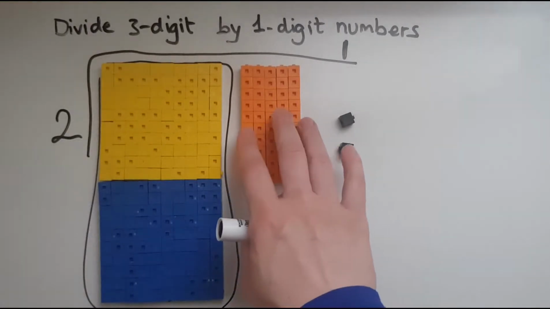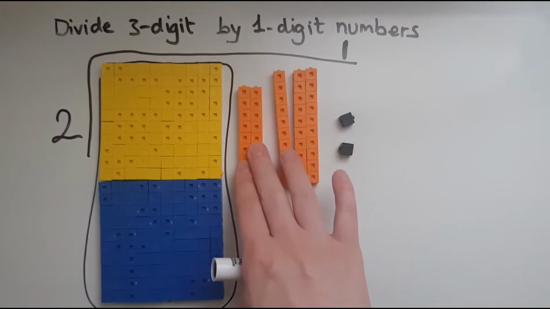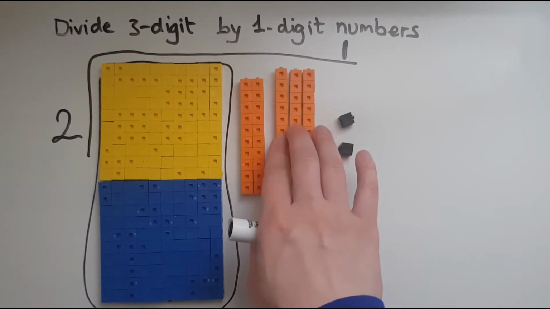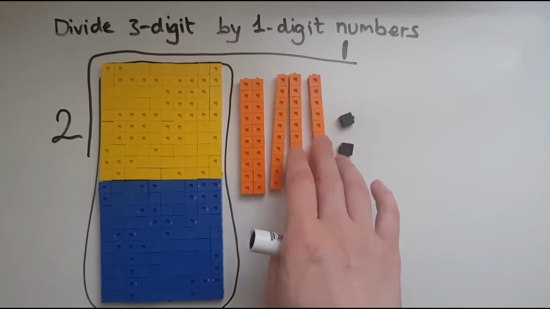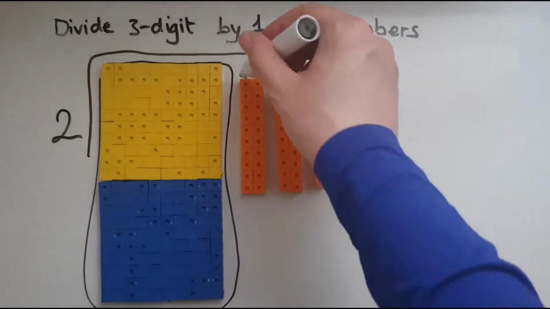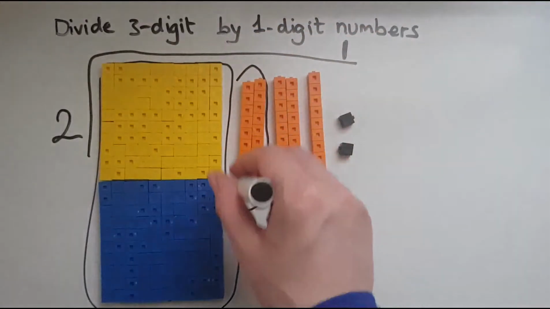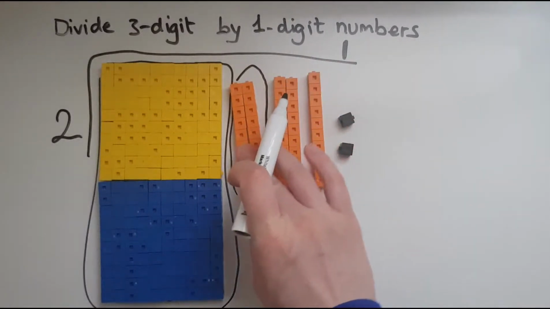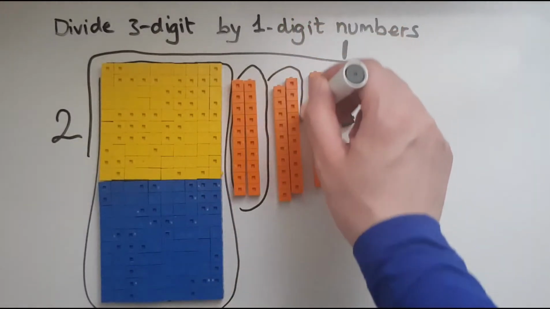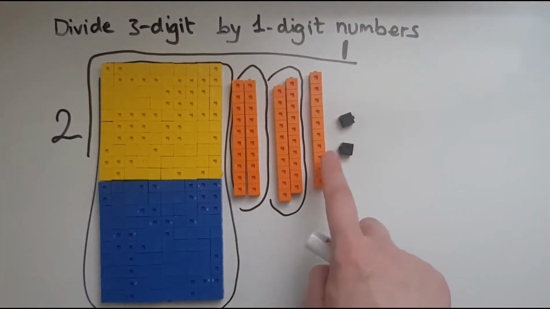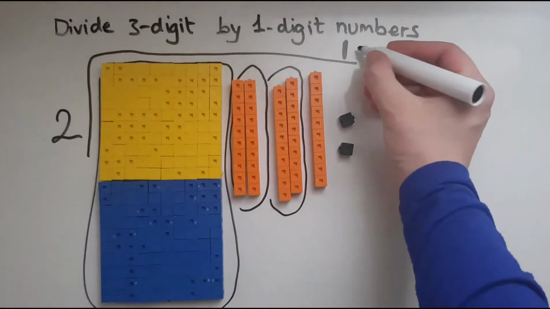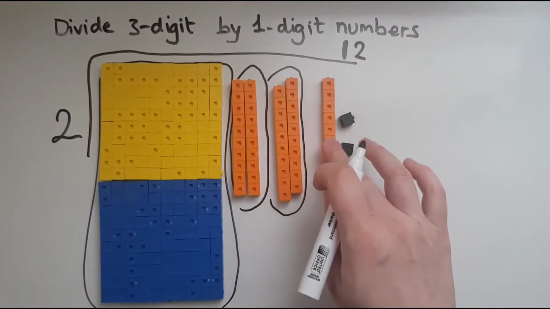Can I make any lots of them? I can make 1, 2. So I'll make another lot. So that's 2 lots, but I have 1 remaining. So I'll write 2 lots and there is 1 remaining.